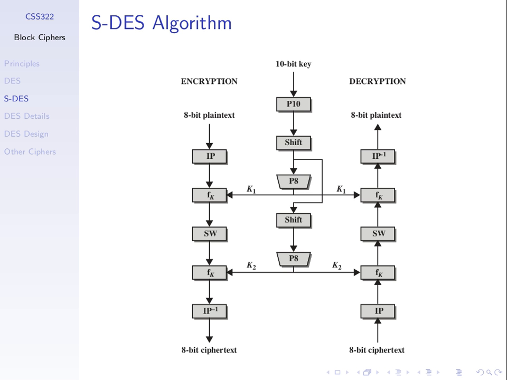We need to do some permutation on that, IP, not the Internet Protocol. We're going to apply some function, which we need to define shortly, swap the halves, apply the same function, and do an inverse of that initial permutation. Those steps are defined.